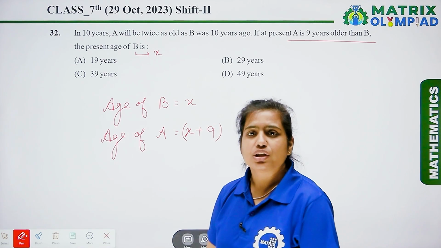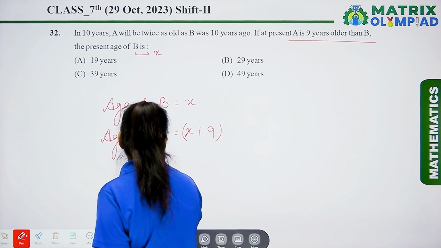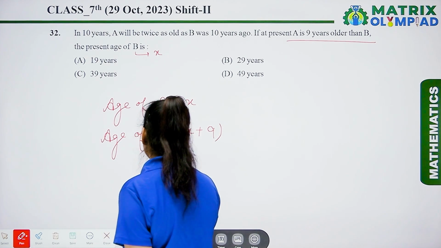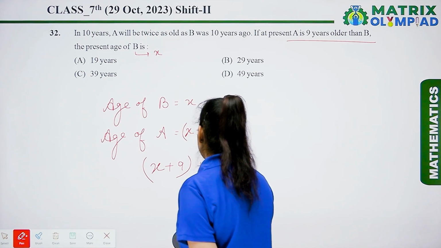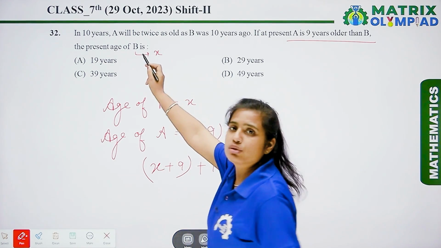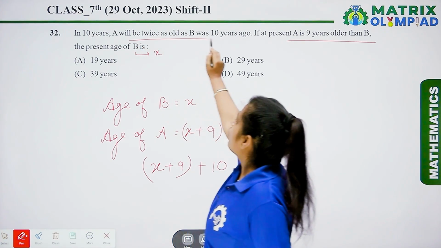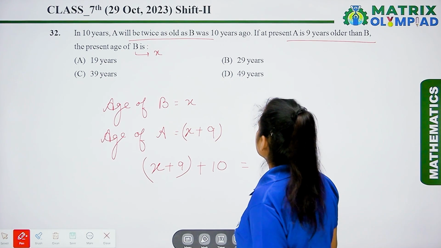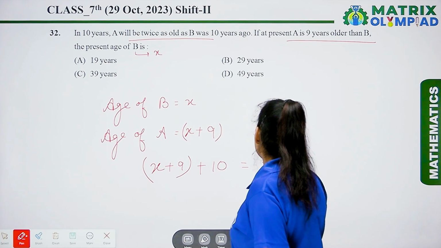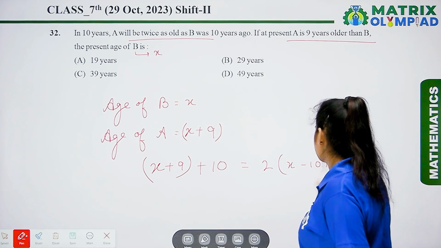So according to the question, let's make the equation: x plus 9 plus 10, because we are talking about the 10 years, is equal to twice as old as B was 10 years ago. So here 2 multiply by x minus 10.